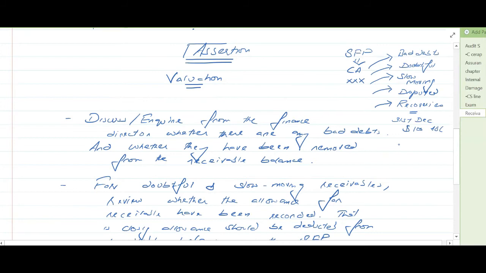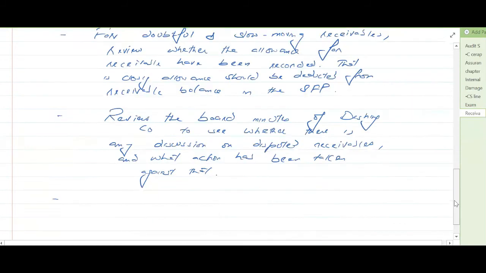And there is a receipt from Mr. ABC on 10th of January where he has paid $90 as a full settlement. Now, if there is a receipt post year end which is below what they have recorded, and that is a full settlement, then that means receivable should have been recorded at year end at $90 rather than $100.